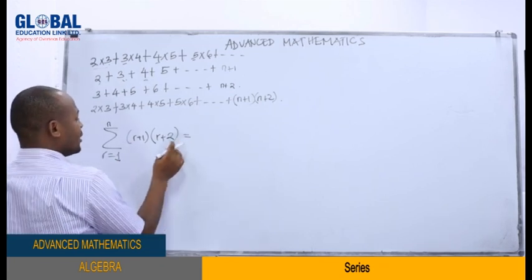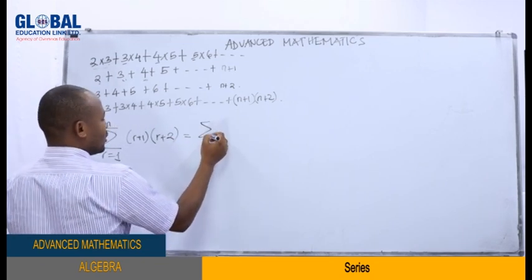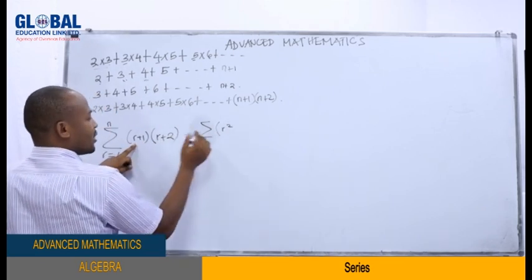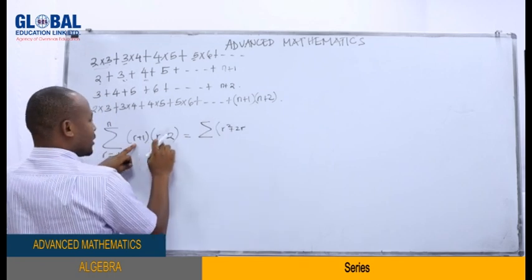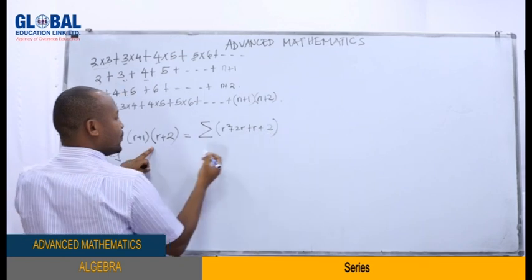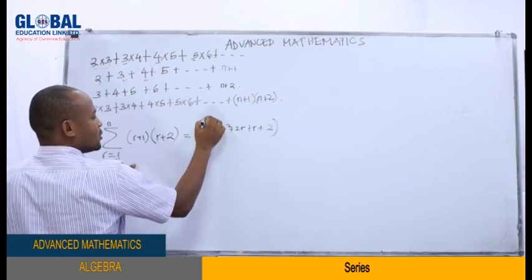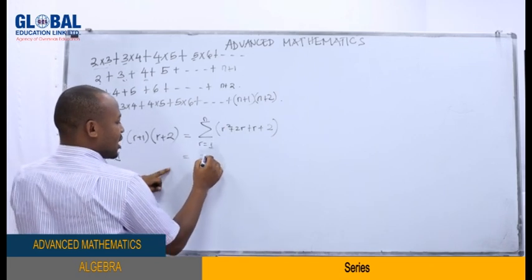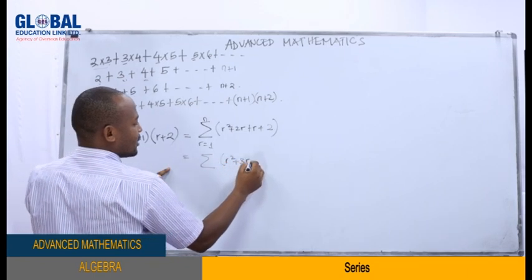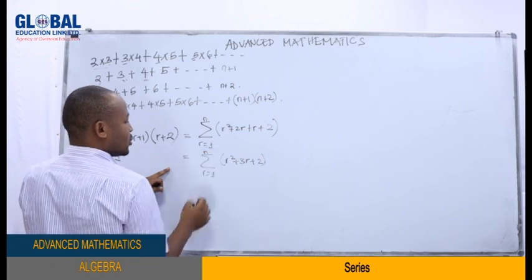Now, let's open those two brackets there. That means we shall have r square plus 2r plus r plus 2, from r is equal to 1 to n. Simplifying that, we are going to have a summation of r square plus 3r plus 2 from r is equal to 1 to n.